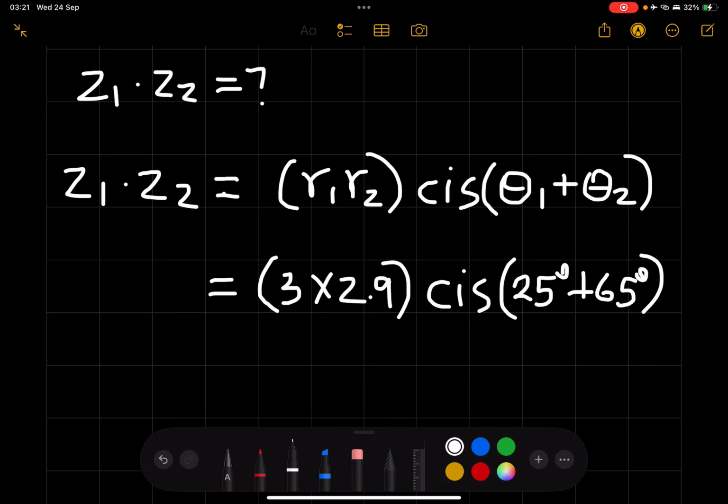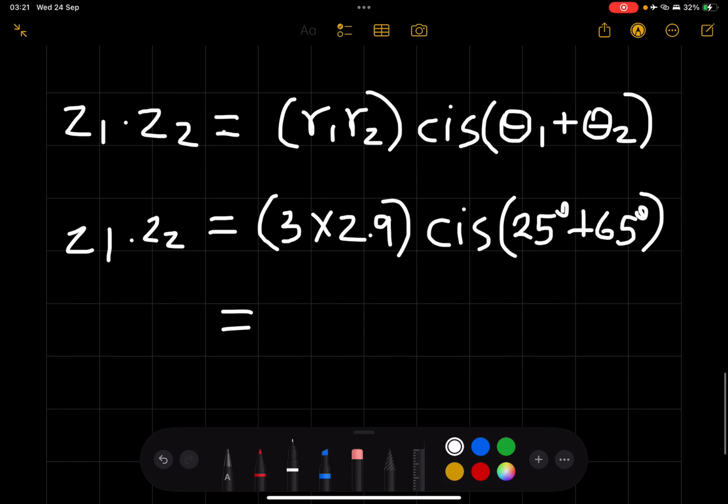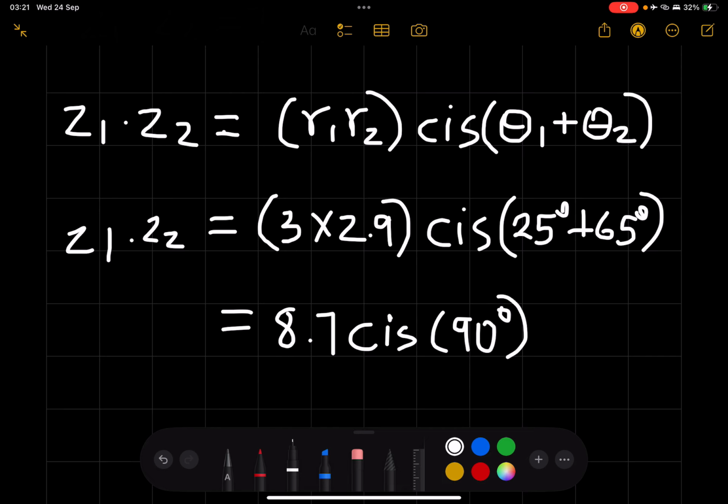And then therefore z1 times z2 equals 3 times 2.9, which should give you 8.7 on your calculator. And then cis 25 plus 65 will be cis 90 degrees. And you have multiplied the polar form, right?